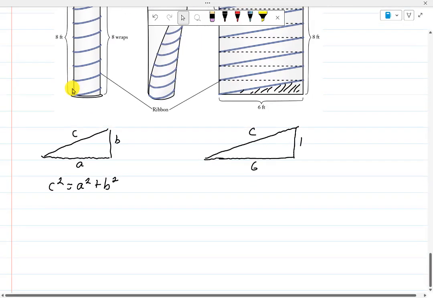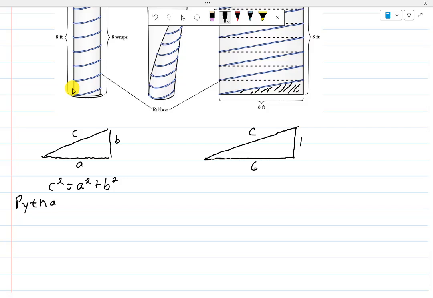And I can't possibly imagine a more important theorem, Pythagorean, than this one, because everybody seems to know it. It's been around for millennia. And so we can use it in this problem.